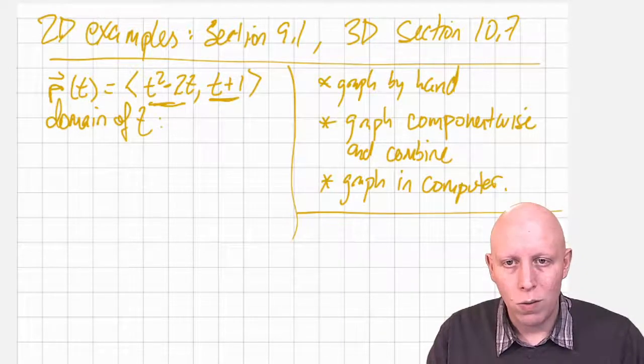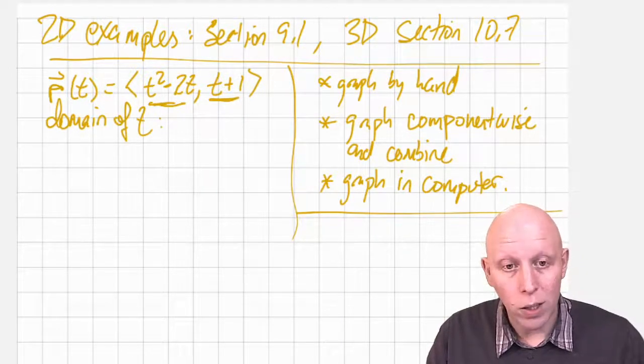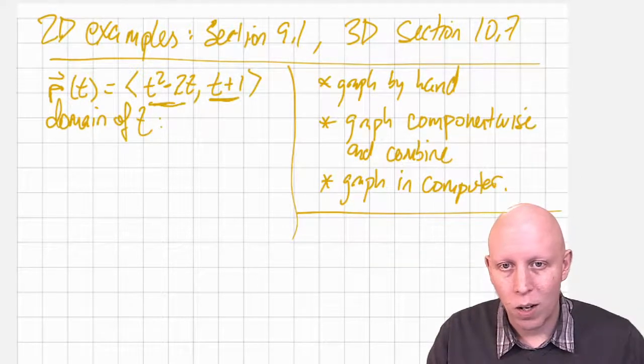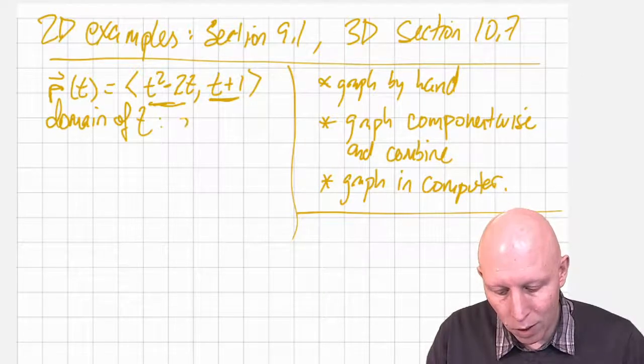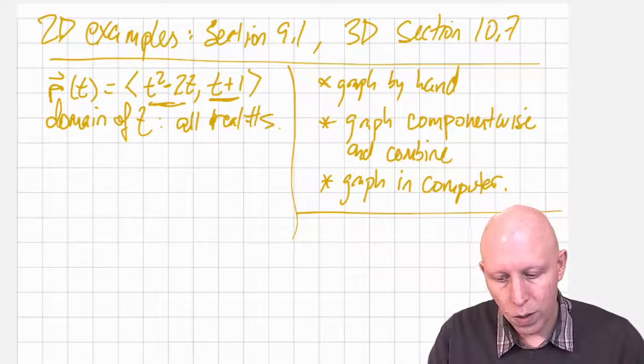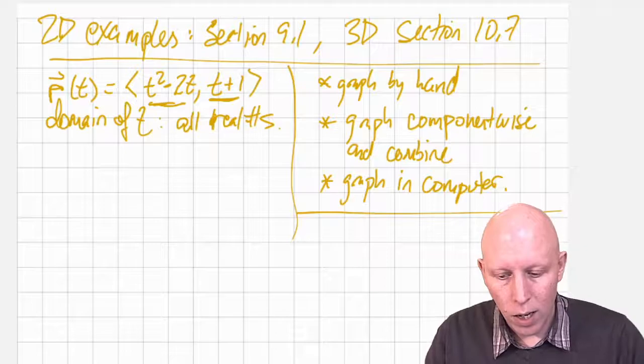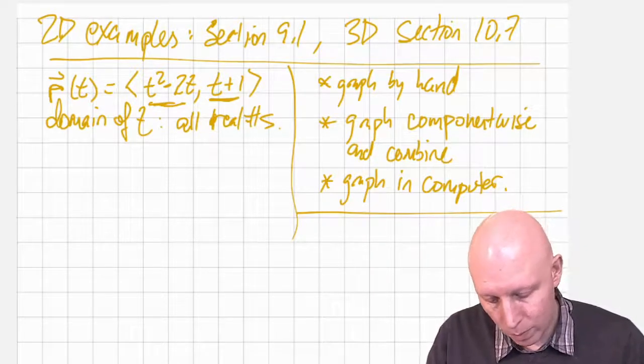Well, in both of these examples, they're polynomials, and polynomials have the domain all real numbers. So let's just keep that domain for now. The domain of r is all real numbers.